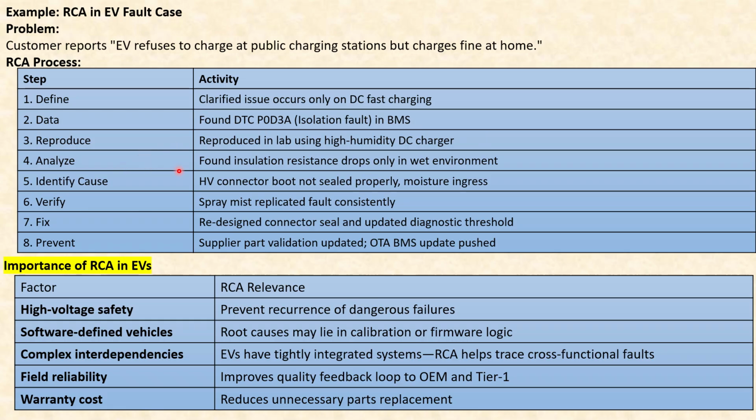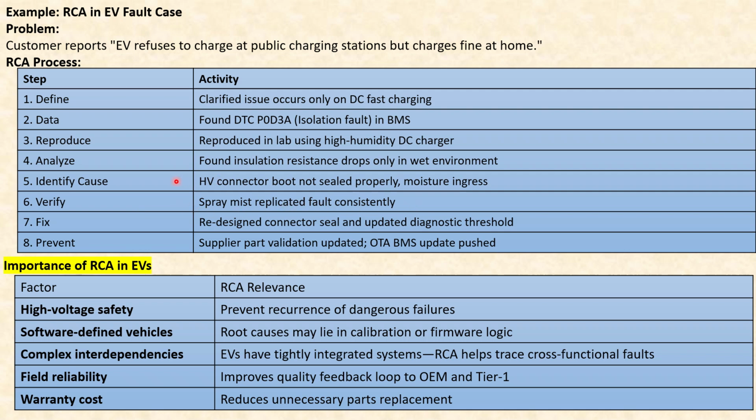Next you analyze. Found insulation resistance drops only in wet environment, and identify the cause: HV connector boot not sealed properly, moisture ingress. All right. So because the high voltage connector boot is not sealed properly, moisture is seeping into the connector. Next, you verify: spray mist replicated the fault consistently.